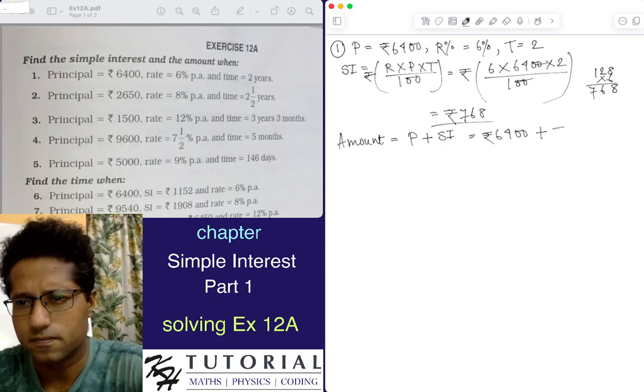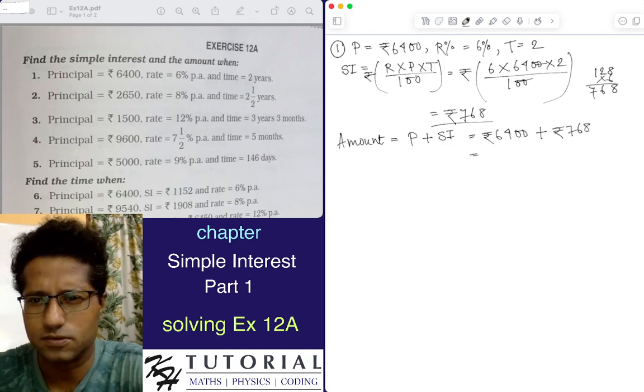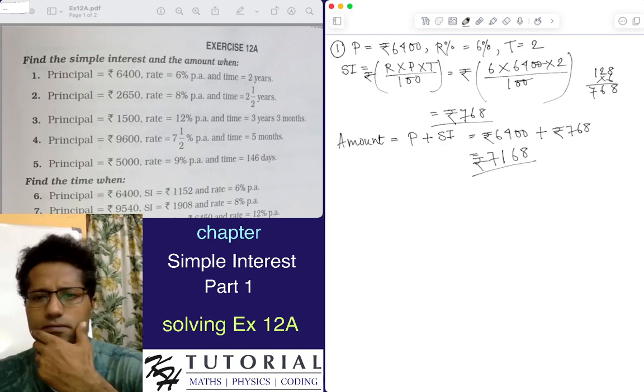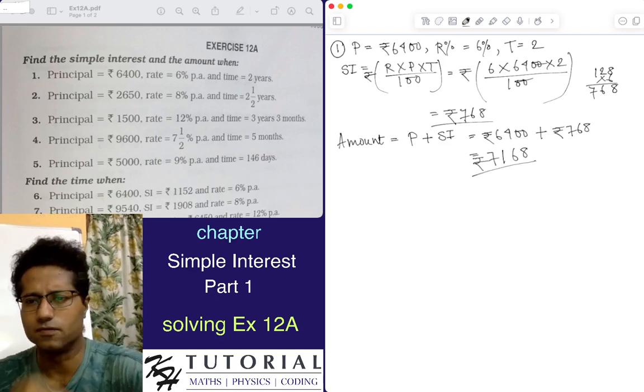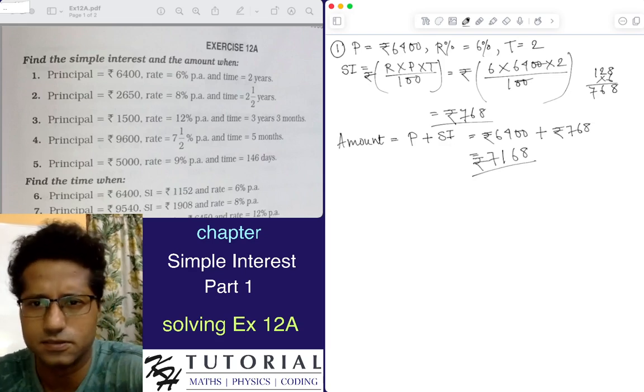So the amount is rupees 7,168 and the simple interest was rupees 768.